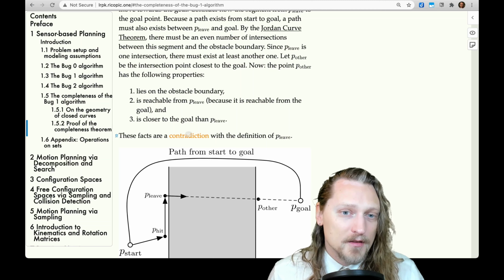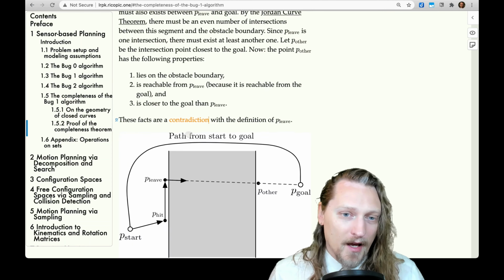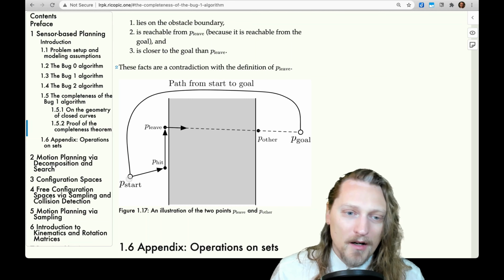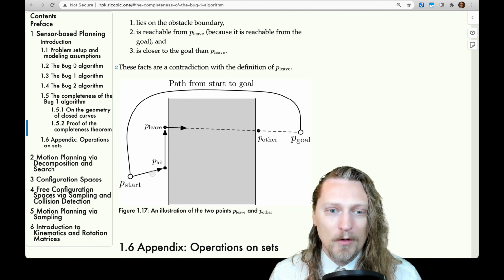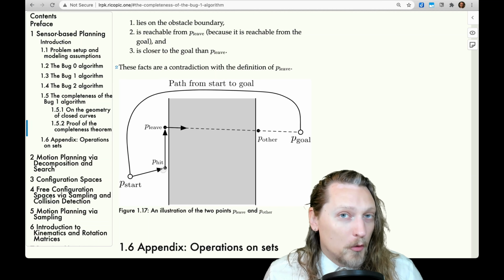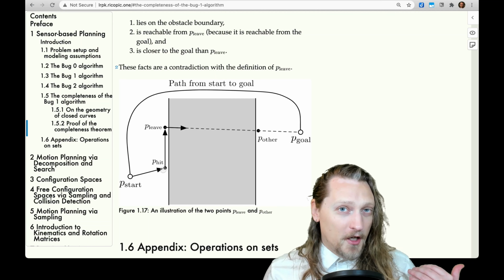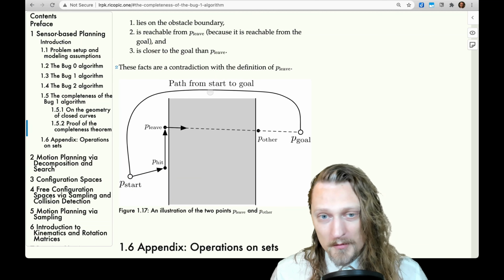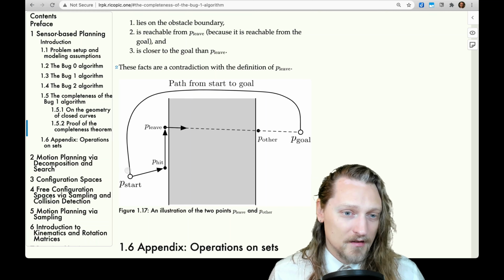Okay, so let's take a look at a situation like this. We start off here, we head toward the goal, we hit. So remember, we're looking at a case where there is a path that exists to the goal. So here's the path from start to goal that does exist, all right?